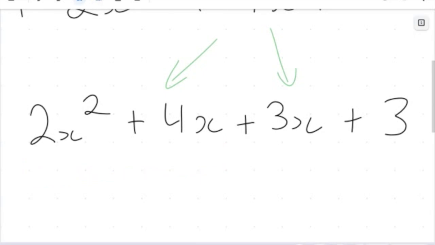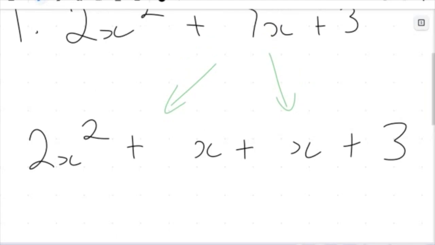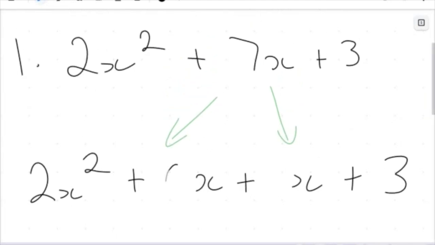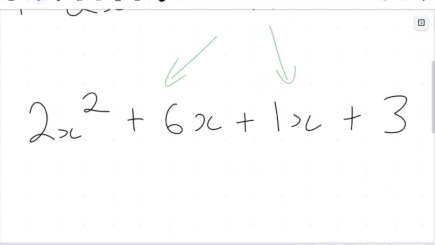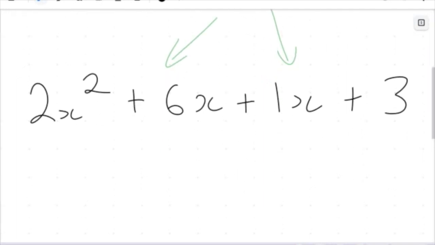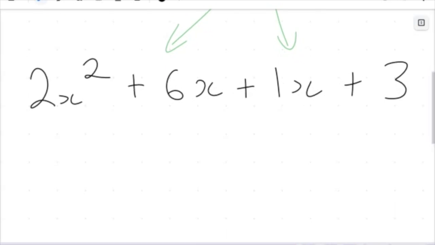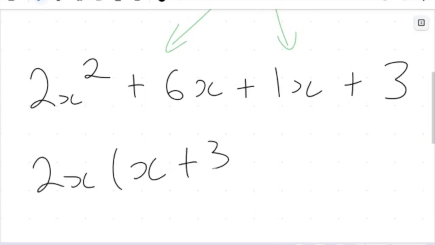Let's try two different numbers here. Now let me try, for example, 6 and just 1 here. I could have written it as 1x or just 1. Let me try factorizing this now. So I've got here my first pair. I'm going to take out 2x as a common factor. What I'm left with is x plus 3.